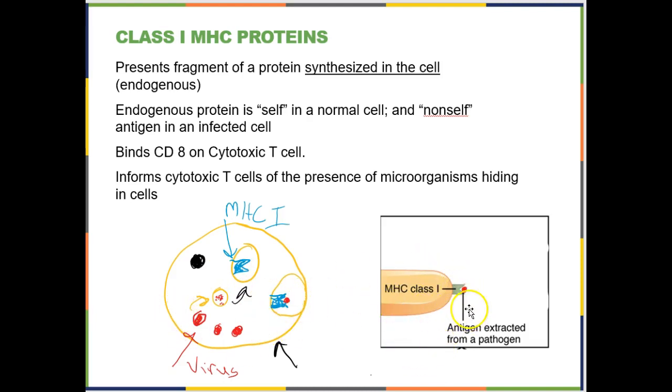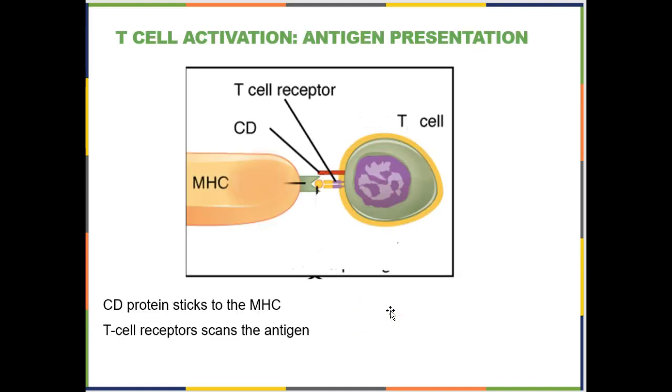So this could be a protein from inside the cell that's supposed to be there, in which case this antigen will be ignored. But if this MHC1 is presenting a piece of virus, that means that virus is on the loose inside that cell. This cell needs to die because it's infected with a virus.